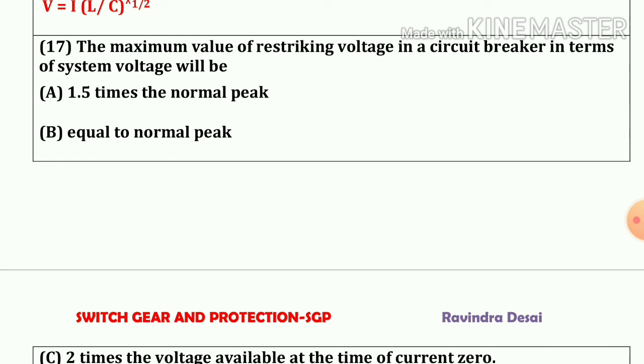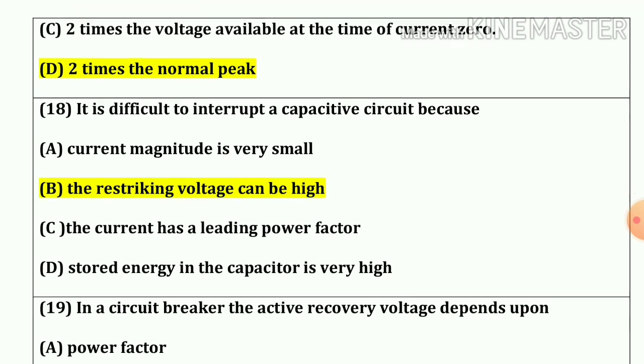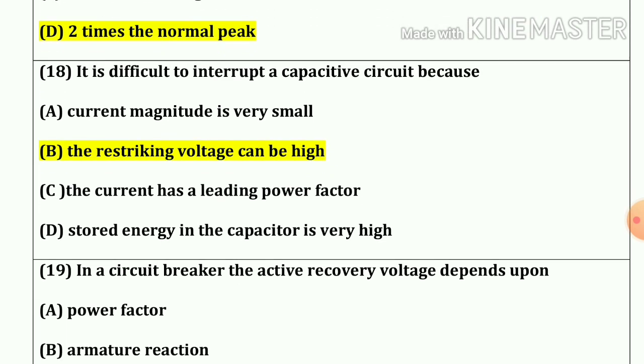Now question number 17. The maximum value of restriking voltage in a circuit breaker in terms of the system voltage will be 2 times the normal peak. Now question number 18.